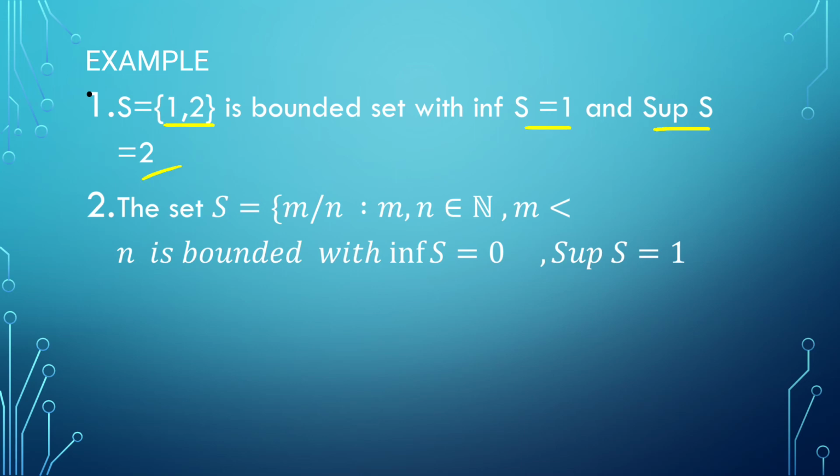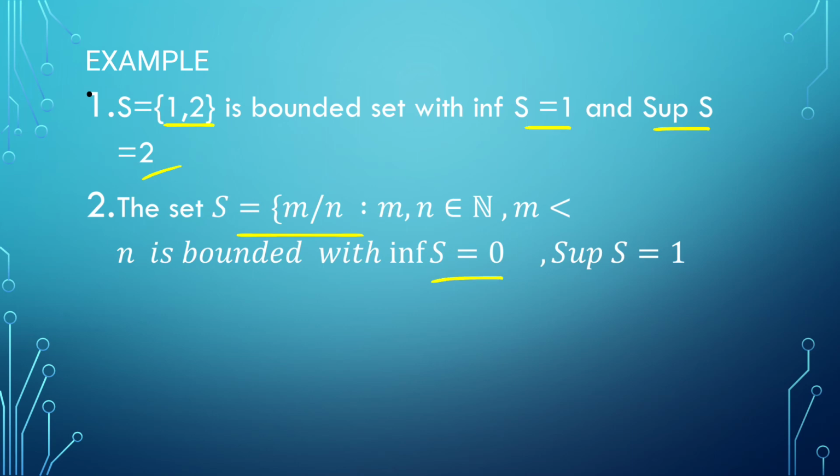Okay, we have another one here. If you have this set here, you'll find that this set is bounded with infimum being 0. The smallest possible lower bound here is 0. Remember, we are talking about natural numbers here, and in this case m is less than n.